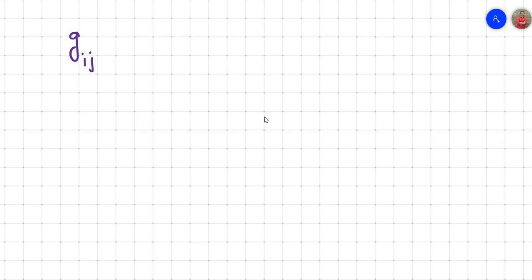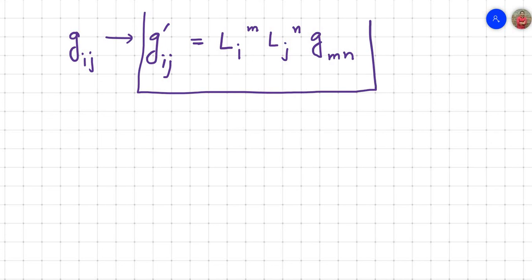That's just a detail. This will transform as g_ij prime equal to L_im L_jn g_mn. So this is the transformation rule of the metric tensor, basically the transformation rule of the components of the metric tensor, which we wanted to deduce at the very first place, and was the motivation of the video.